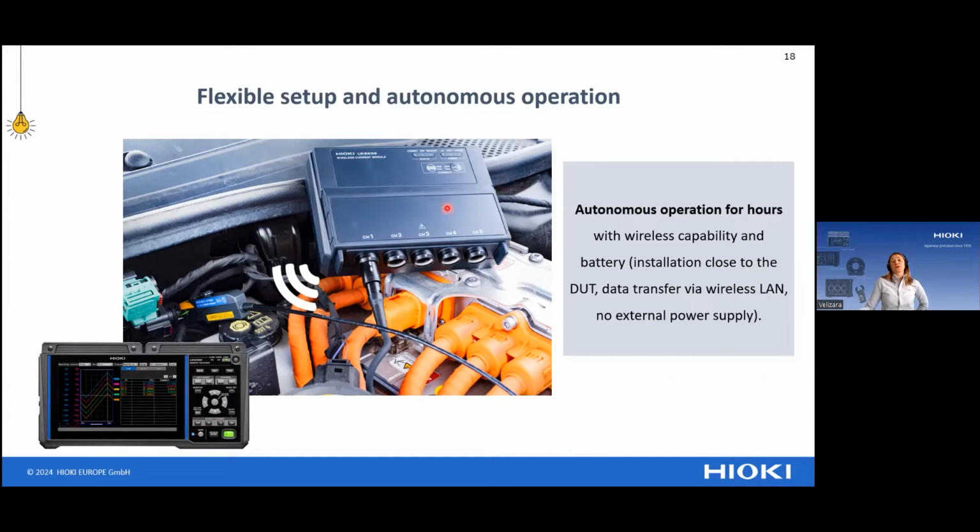Coming to the wireless capability, you can install the wireless module very close to your DUT and measure and send the data via wireless LAN to the data logger, so you can work remotely and without the need of having any power supply.